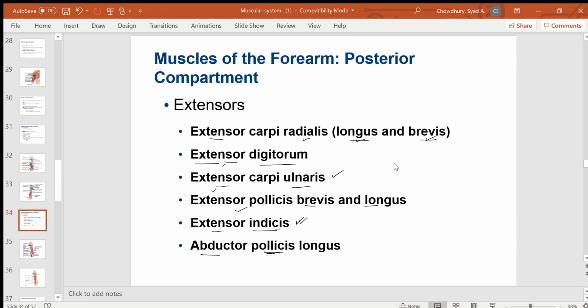So there are three pollicis. Flexor pollicis will cause the flexion of the thumb. Extensor pollicis will cause the extension of the thumb, and the abductor pollicis will do the abduction of the thumb. So these are the muscles in the posterior compartment or extensor compartment of the forearm.